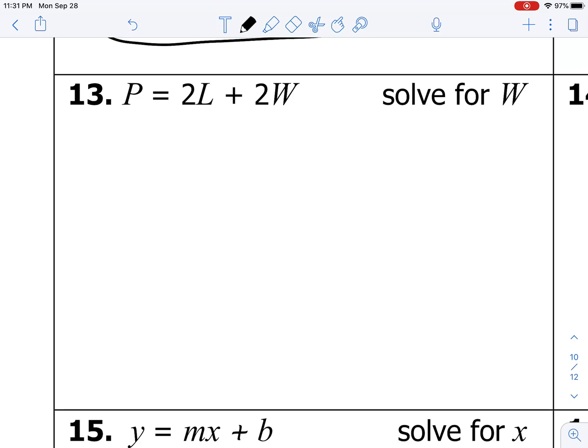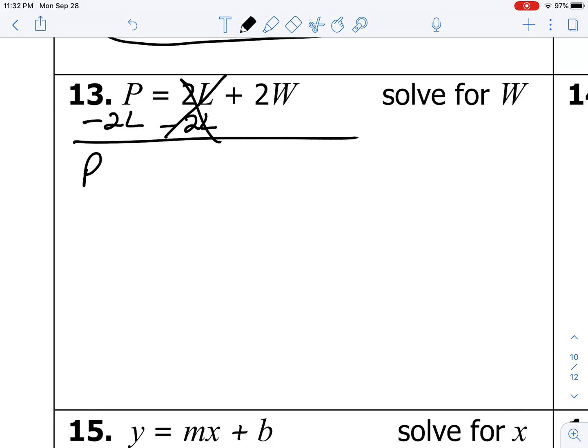Number 13. All right, we're going to solve for W. So first thing we need to do is get rid of the easiest thing to get rid of, which is the 2L. That's a positive 2L, so we're going to subtract it to the other side. All right, that's now gone. P minus 2L, okay, equals 2W.